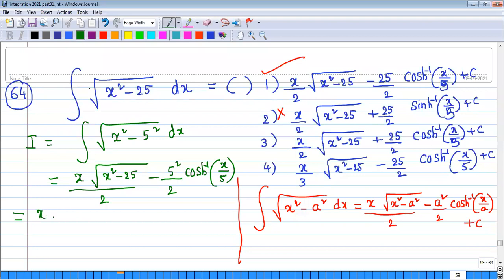This is x root of x square minus 25 upon 2 minus 25 upon 2 cos h inverse x upon 5 plus constant of integration.